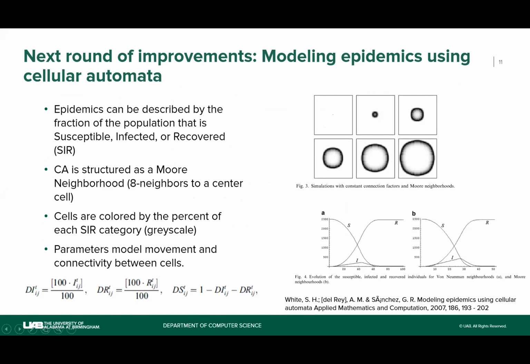There's an additional term, not in the equation that I'm showing here on this slide, that can be included in the transition rules that models whether the cells are connected by car, by train, or by plane. And so there's actually a decent way of representing that information in the models presented in White.